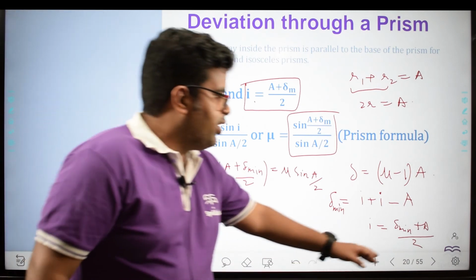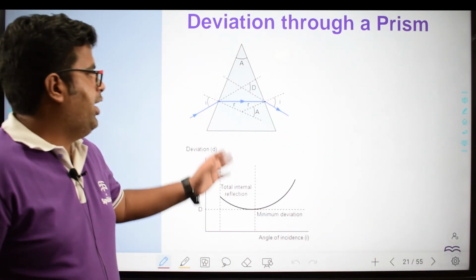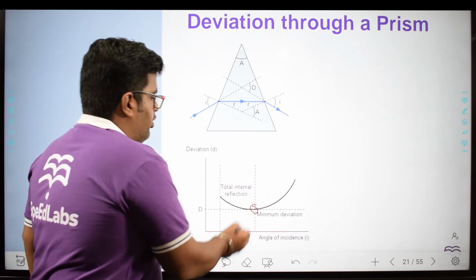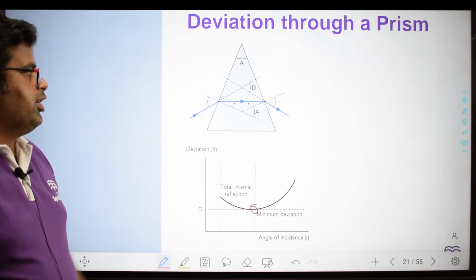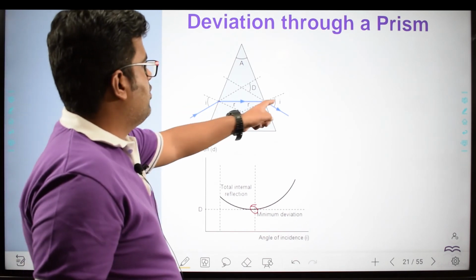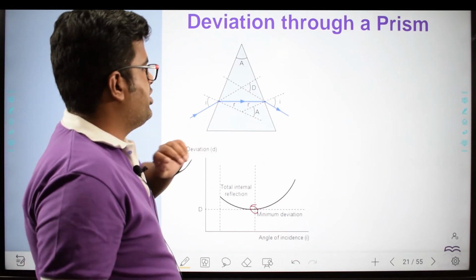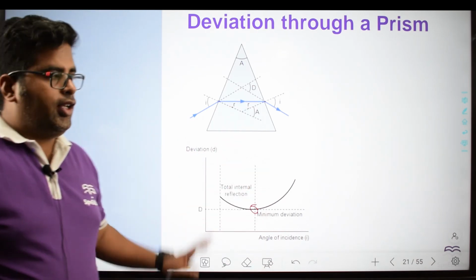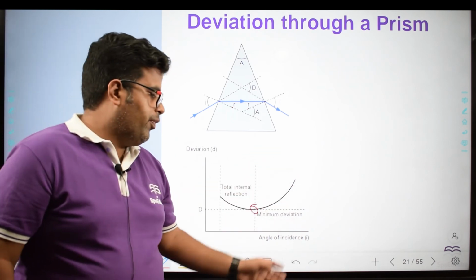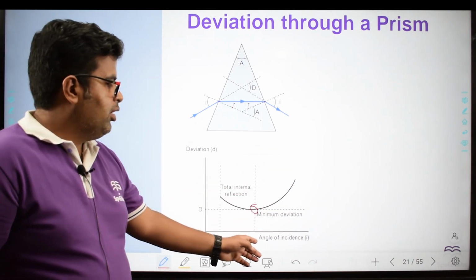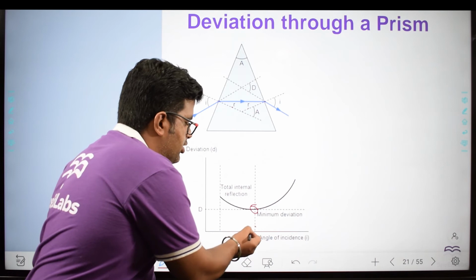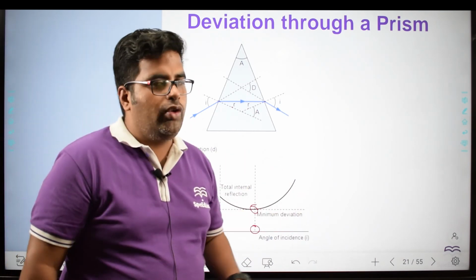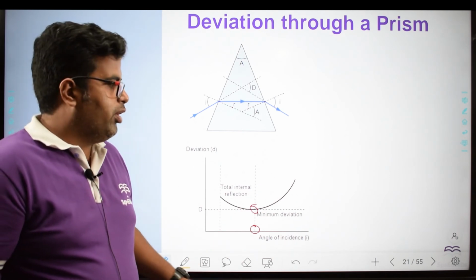So that's your prism formula, and you can see in the diagram that that's your minimum deviation, right? We have seen the formula where I1 equals I2 equals I, and R1 equals R2 equals R. So that's the condition and that's the graph of it. Minimum deviation is basically where the angle of incidence is such that the light suffers a minimum deviation, and we can calculate it using that prism formula. I hope you understood it.